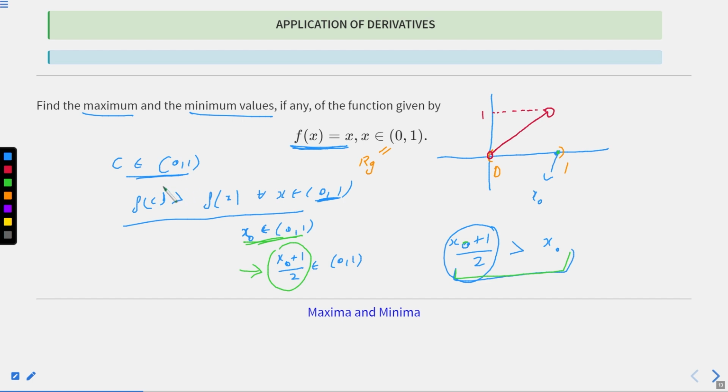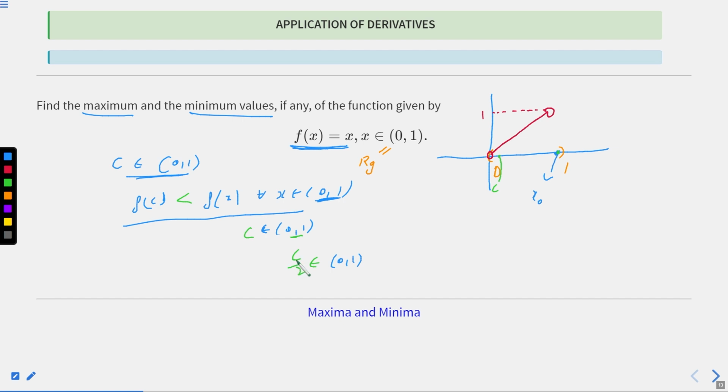Now what about the minimum value? For the minimum value, if C is very near to 0, then I have to show this. So pick any C near 0. Then C by 2 also belongs to this interval.